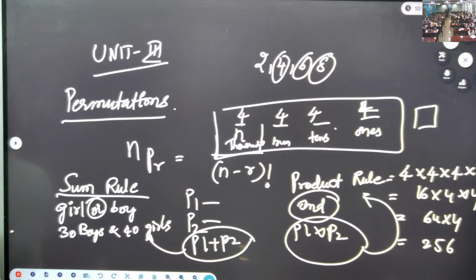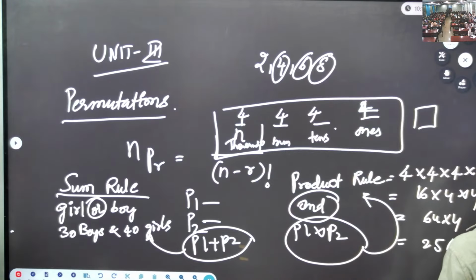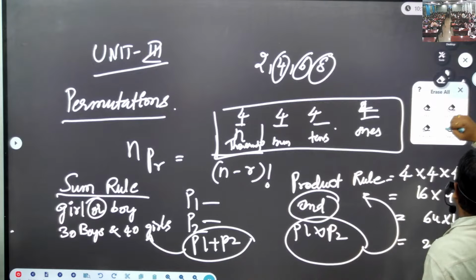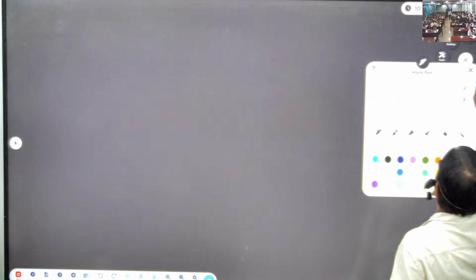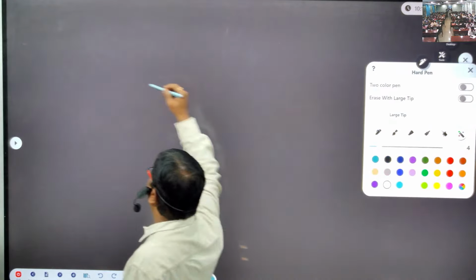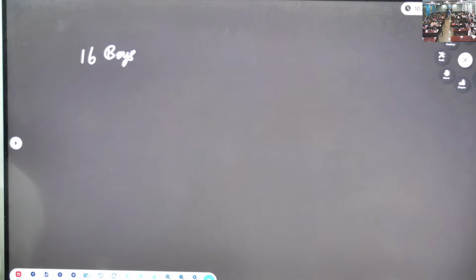Next example. Suppose, next question. Everyone is done, right? I am erasing. Suppose there are 16 boys and 18 girls in a class.